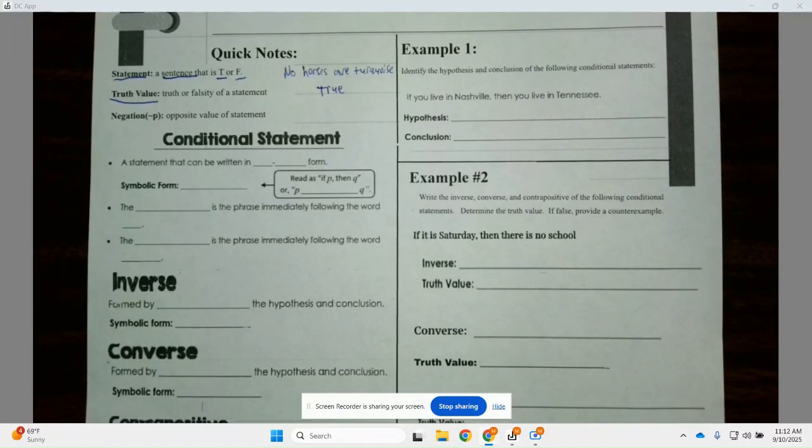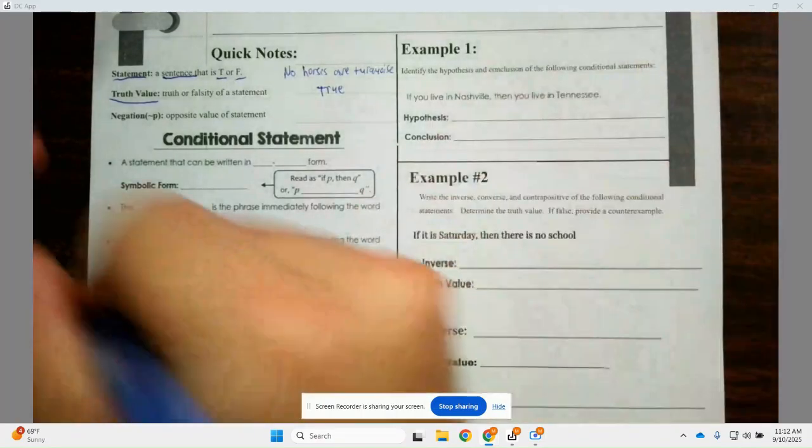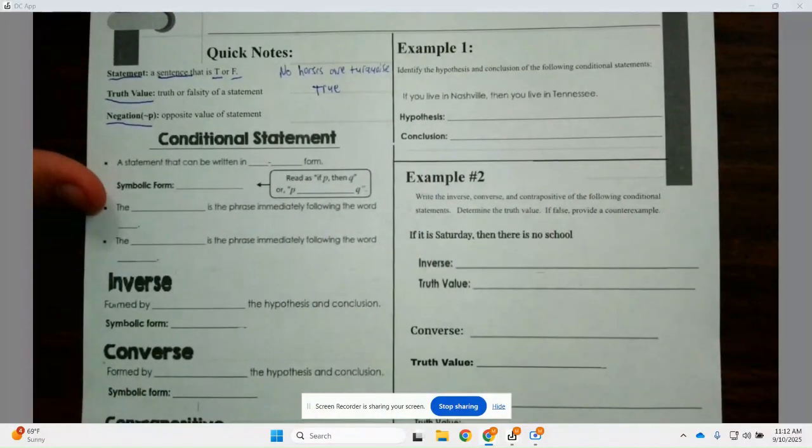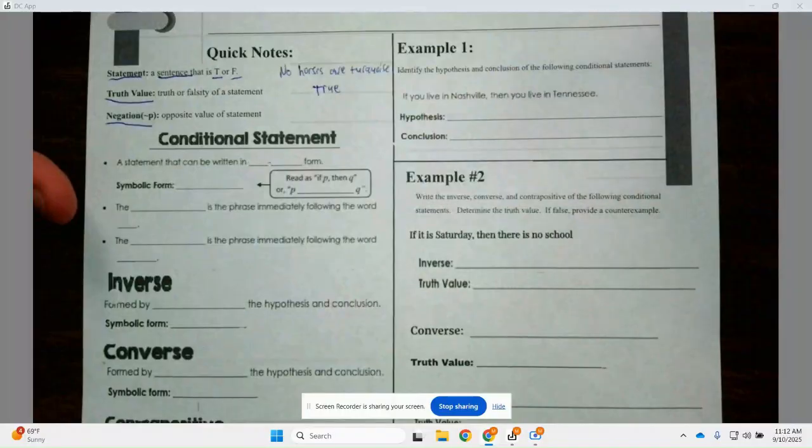But then we get into this issue where we want to be able to say all we can about some statements, and it's sometimes helpful for us to look at the opposite of what that statement is saying. We want to look at something called the negation, or the opposite value of a statement.